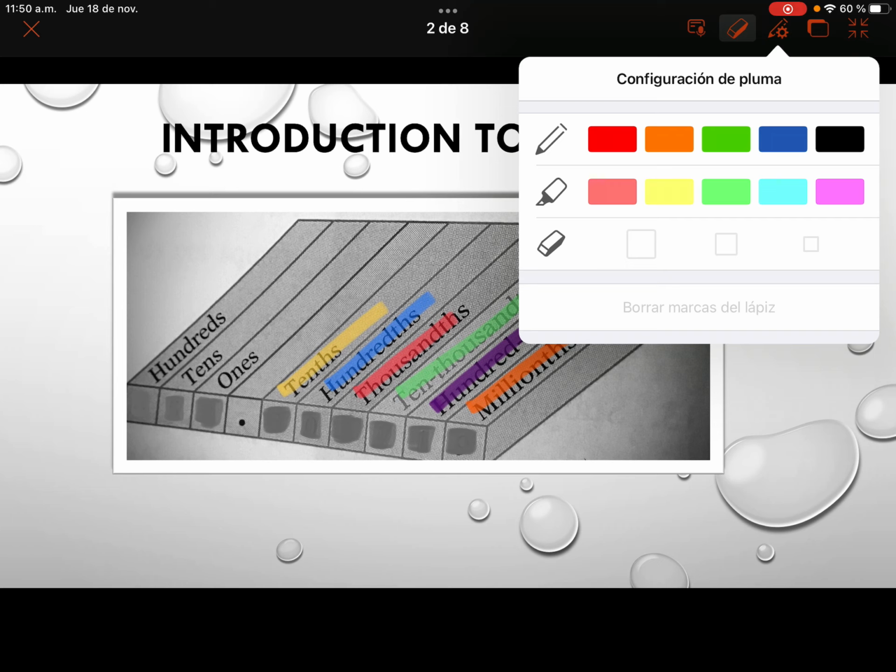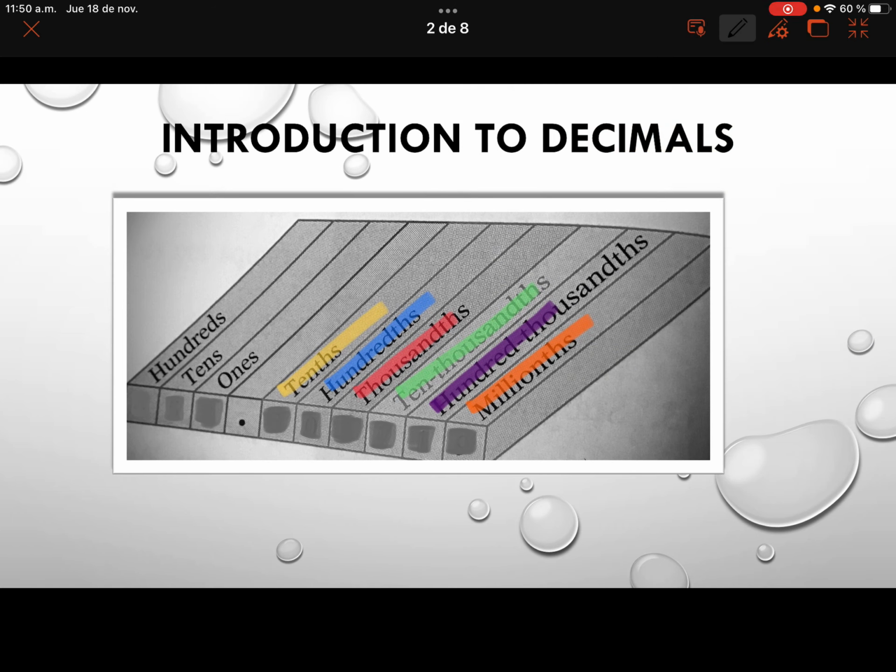Okay, then for example, the standard form of this number, of course, is the numbers. Okay, the numbers are the standard form.